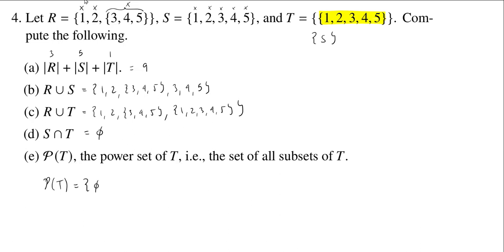Well, then it has to contain an element, and there's only 1 element for T to contain, namely S. So I could have the set containing S, which is actually equal to T itself. And that's it. That's all I can possibly do, right? When you have 1 element in your set, the power set will only have 2 elements in it. Okay, so there we go.